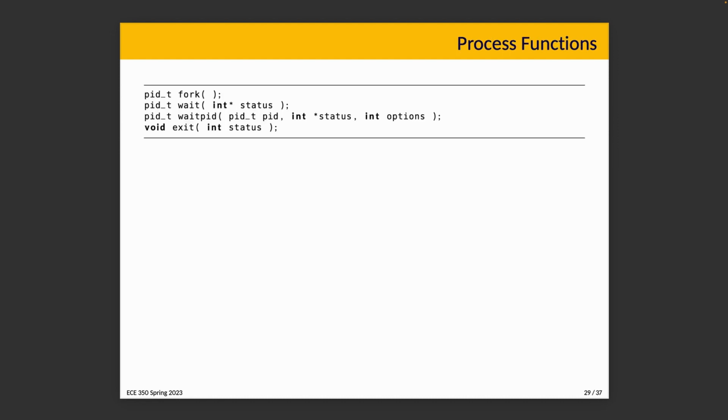Familiar with these? These are our process functions, and we should be familiar with them. Fork creates a child process. Remember that the child process that is created is an exact duplicate of the parent down to its current execution state.